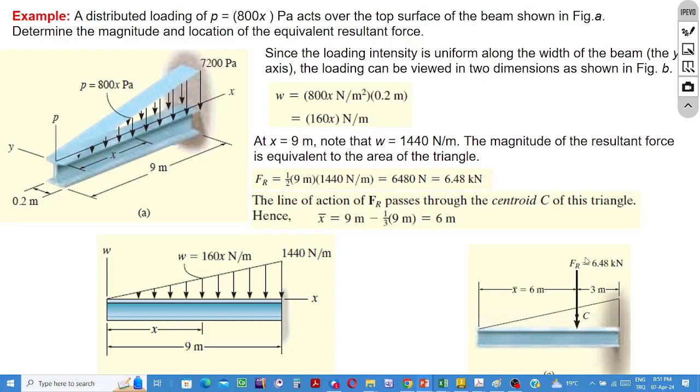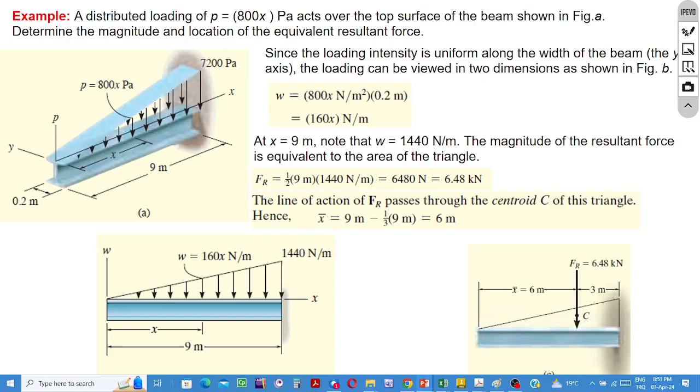The moment of the resultant force at such a special location must be equal to the resultant couple moment. We know the line of action of the resultant force at such a special location passes through the centroid of the area under the load curve.